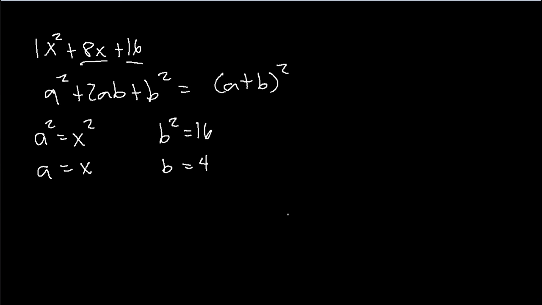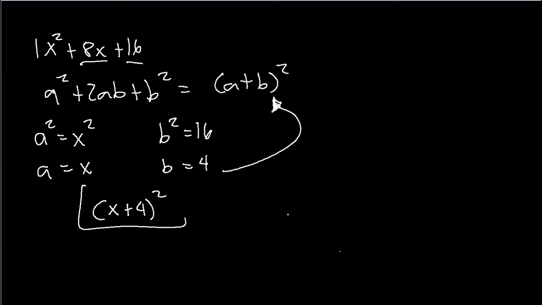Simply substitute these values to these factors, a is x and b equals 4, squared, and we should easily get the factors for this expression. Let's try another example.